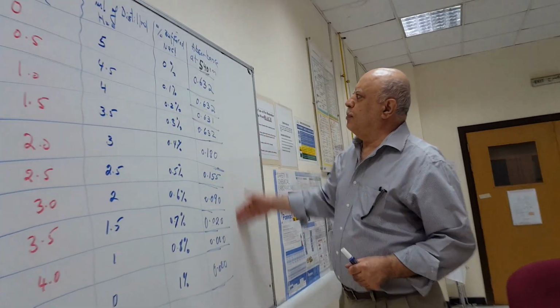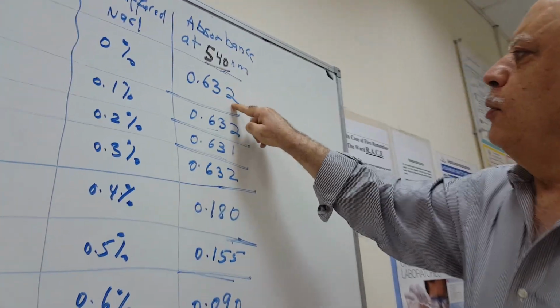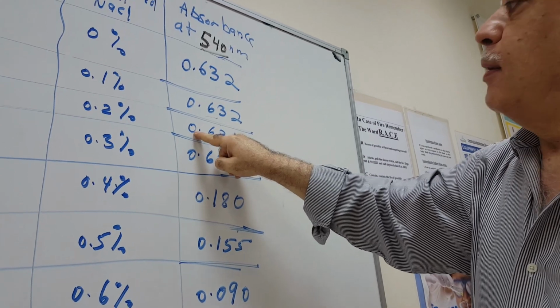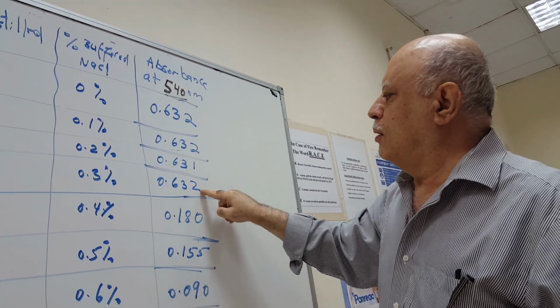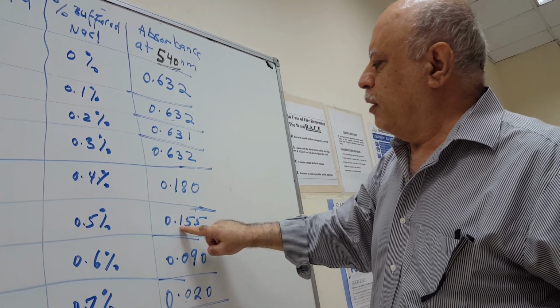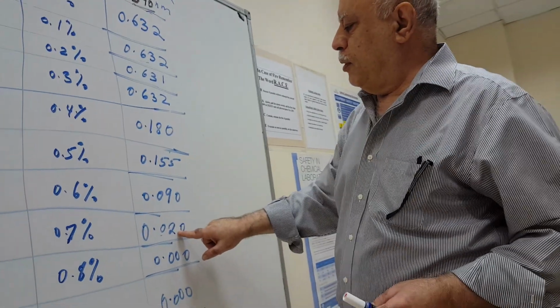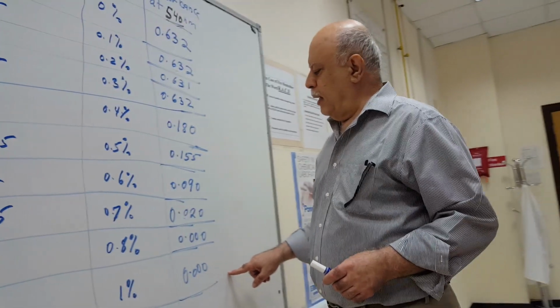This is what we get for absorbance. In tube number 1, 0.632, tube number 2, 0.632, 3, 0.631, 4, 0.632, 5, 0.180, 0.155, 0.09 for tube number 7, 0.02, 0.00, 0.000 for 9 and 10.